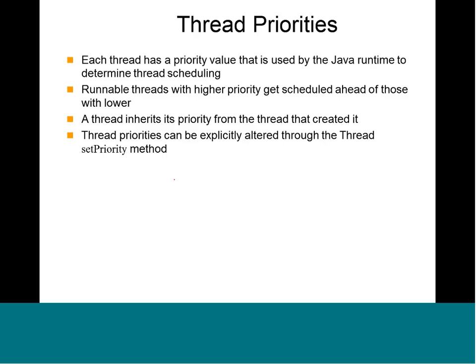A thread with a higher priority, in principle, gets scheduled ahead of those with lower. But there's no guarantee. This is another unreliable piece of Java's multithreading. You can alter thread priority by using the setPriority method, so there is that little bit of explicit control.